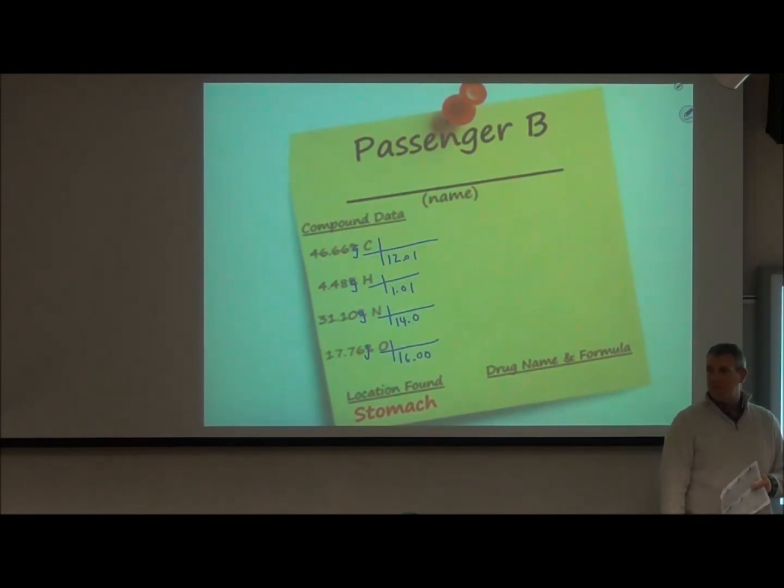Once you get rolling, you're going to find that this goes fairly quickly because you're using all the same elements, so you're not going to have to refer to your periodic table very often.